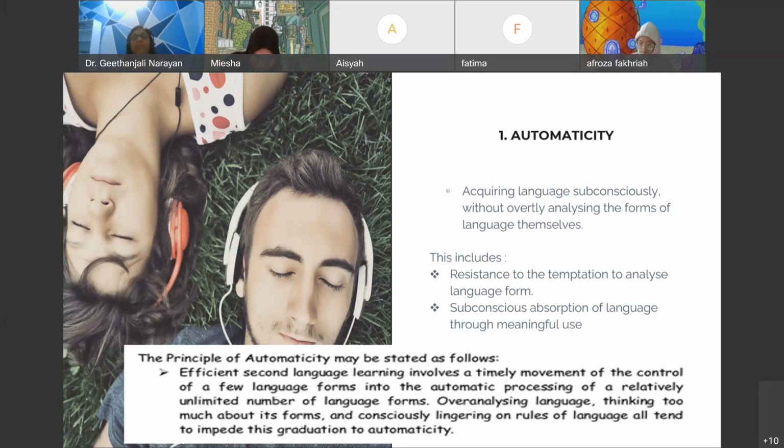All right. So this is where automaticity comes in, where we would like students to actually learn the language and then use it without realizing that they are using the language properly. That is why it's called acquiring language subconsciously.